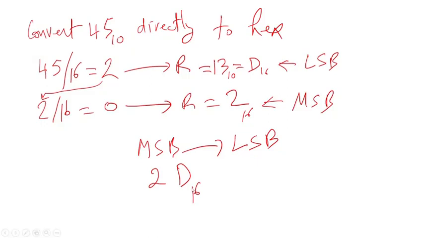You can go from base 10 to base 2, then base 16, or you go straight from base 10 to base 16. Let's do another example. Convert 75 base 10 to hexa.